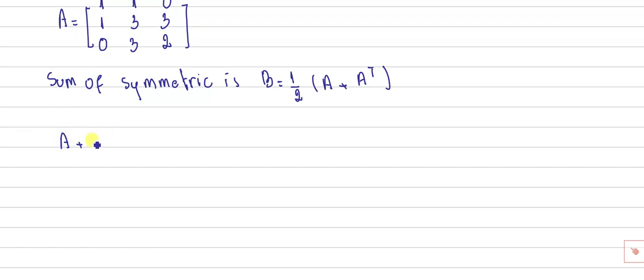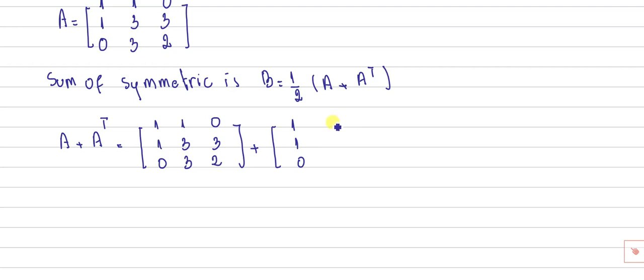A plus A transpose is equal to 1, 1, 0, 1, 3, 3, 0, 3, 2, plus the transpose, which is 1, 1, 0, 1, 3, 3, 0, 3, 2.